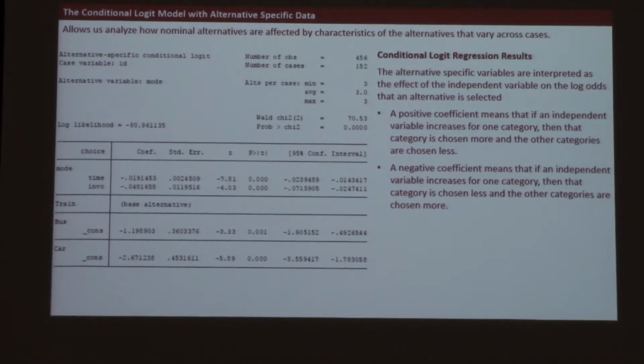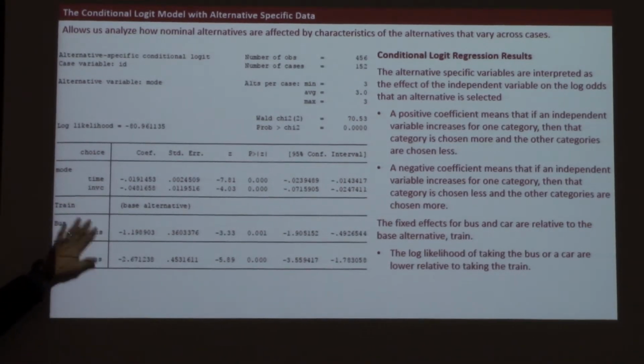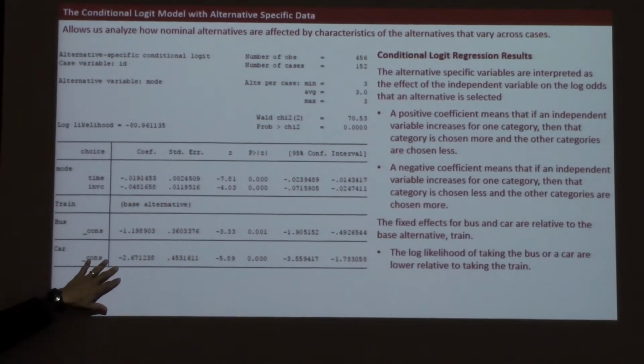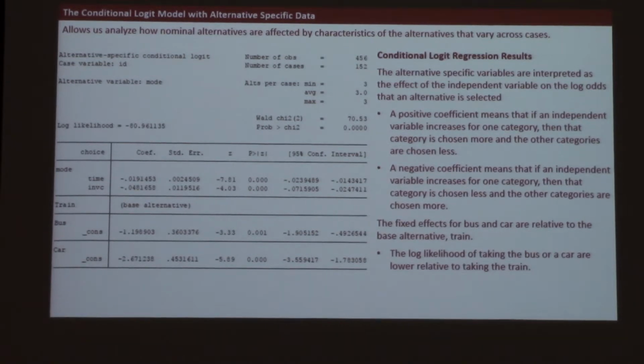And the dummies, the fixed effects, just tell us the log of the odds. It's negative, so we're less likely to choose bus relative to train, and we're less likely to choose car relative to train for this particular data set.